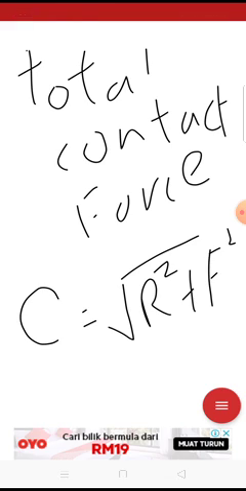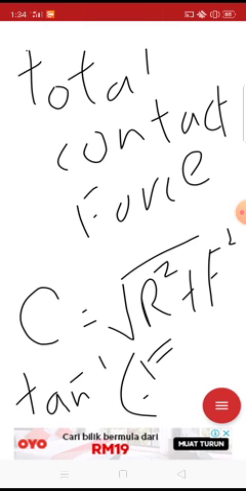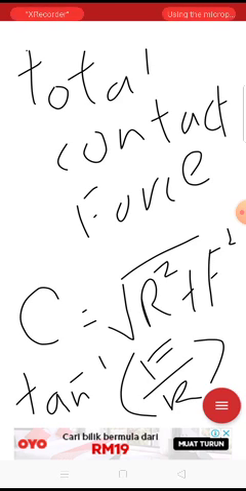On a horizontal surface, the total contact force will make a certain angle to the horizontal, and on an inclined surface, the total contact force will have a different angle to the surface. We can find the angle between the total contact force and the surface by using inverse tangent of F over R. This is the way to find the total contact force.